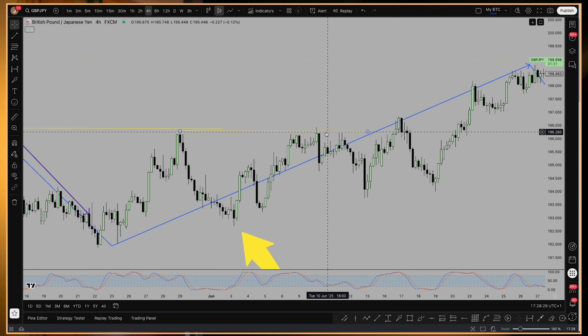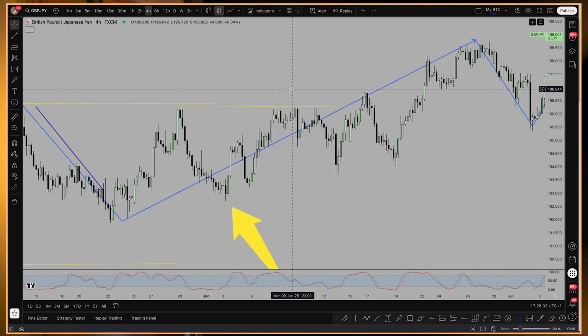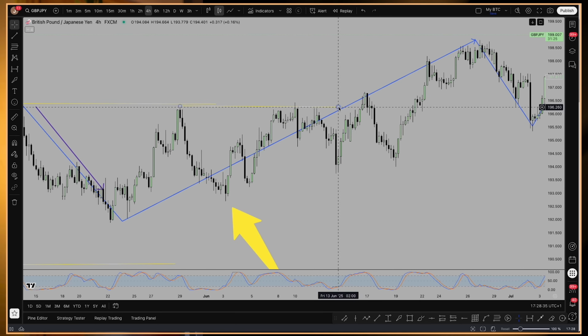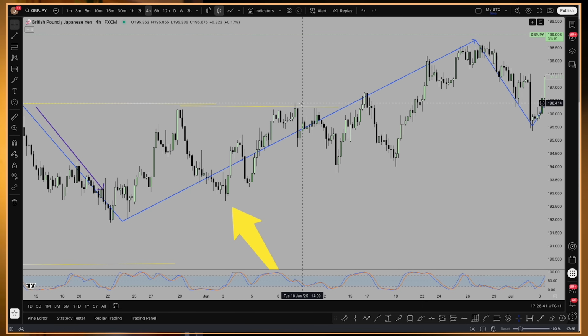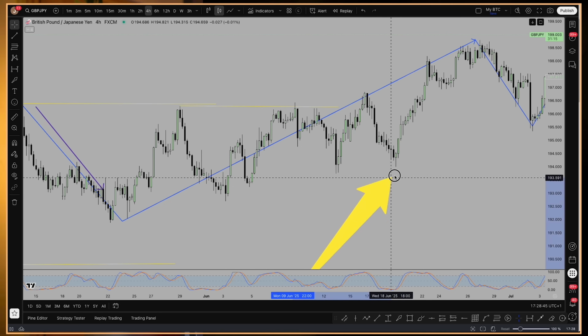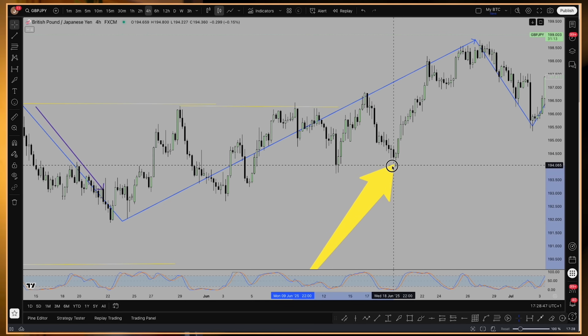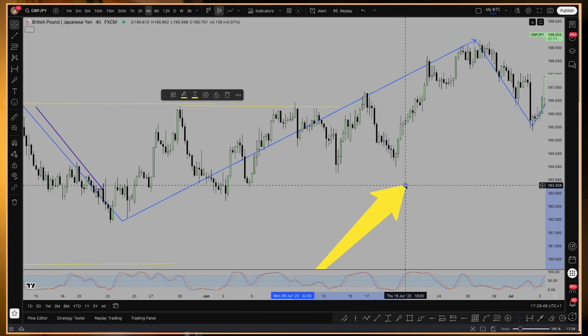But in this case, it didn't close above it. We don't consider this a break of structure. The break of structure actually occurred here when the market finally went up here. You can see the body of the candle closes above this place. So this is where we consider taking another trade.